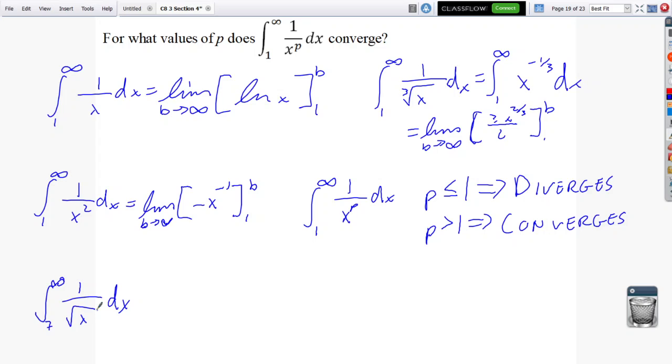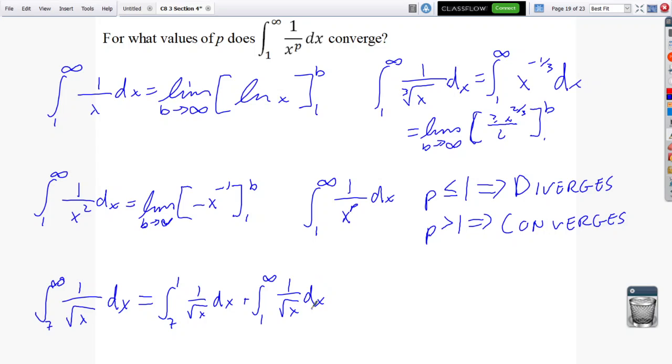Now I know some of you are looking at the fact that this lower limit is 7, where the other lower limit was 1. It actually doesn't matter what the lower limit is. In fact, you could find out that this is going to be equal to the integral from 7 to 1 of 1 over square root of x dx plus the integral from 1 to infinity of 1 over square root of x dx.